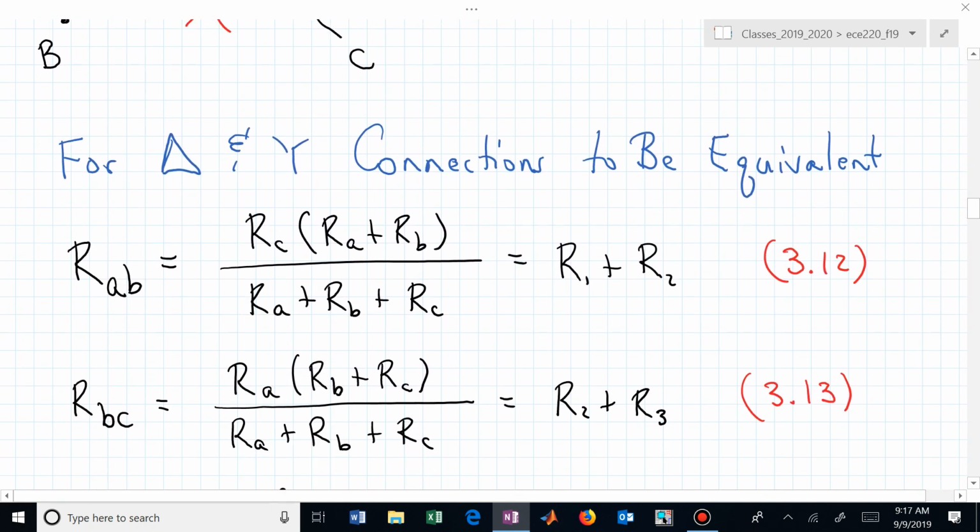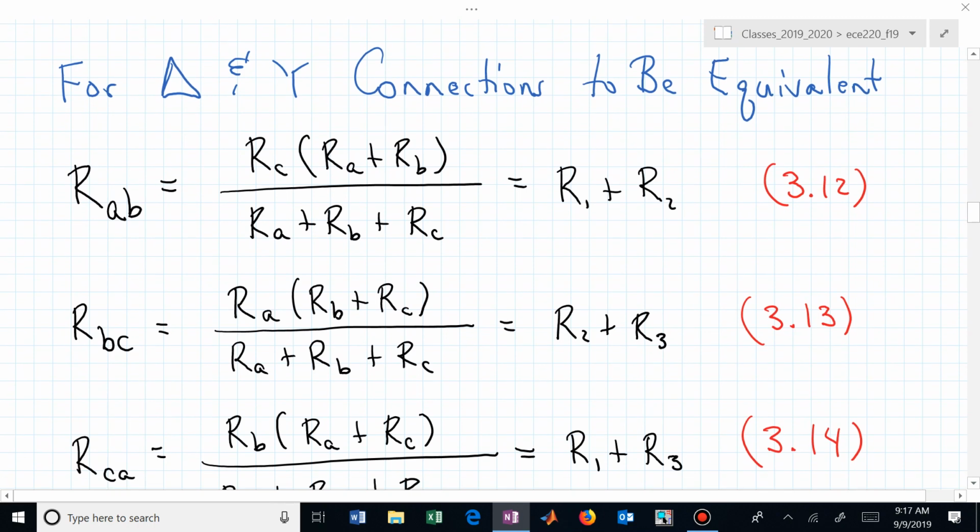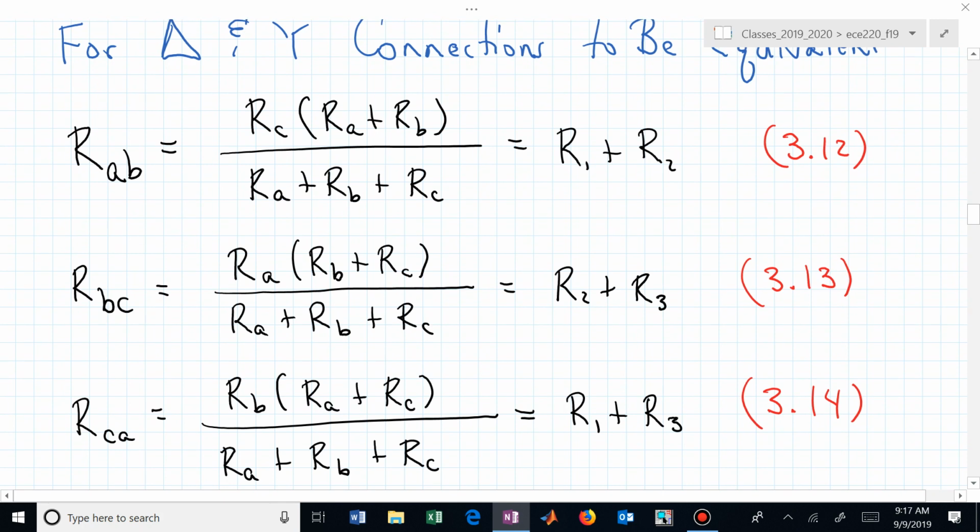So, to make that connection for delta and Y, what we're doing is we're setting these 6 equations equal in an appropriate way. We're setting the R sub AB equations together, R sub BC equations together, and R sub CA equations together. These are equations 12, 13, and 14 in the textbook, so you can copy those down later if you want.